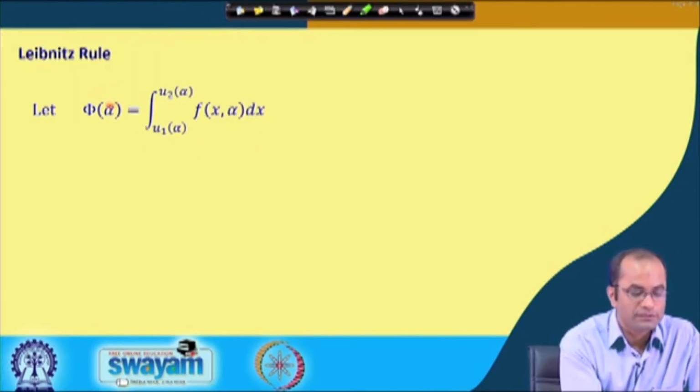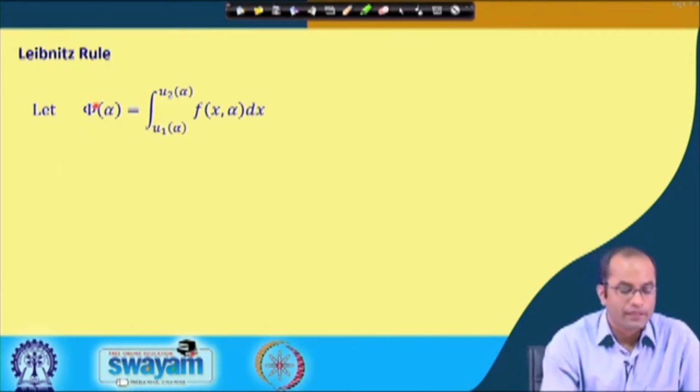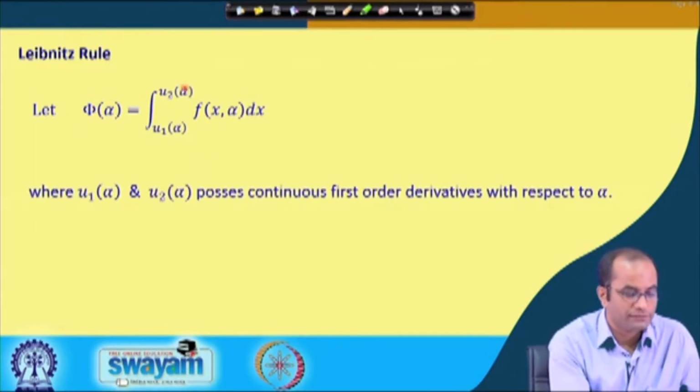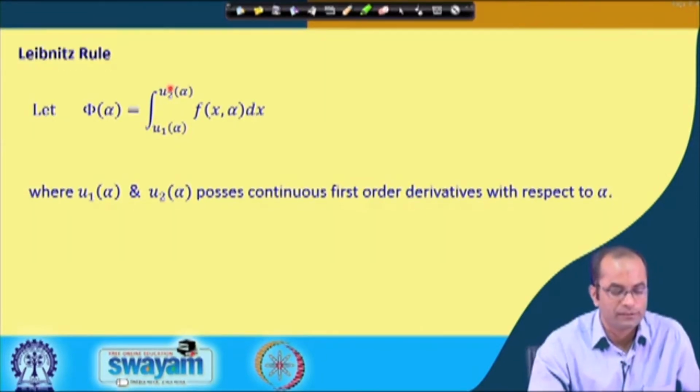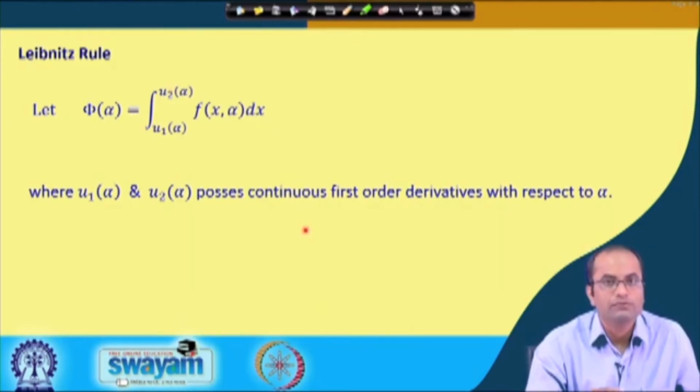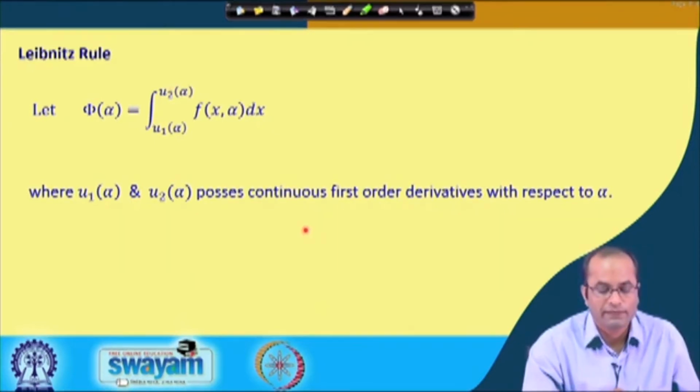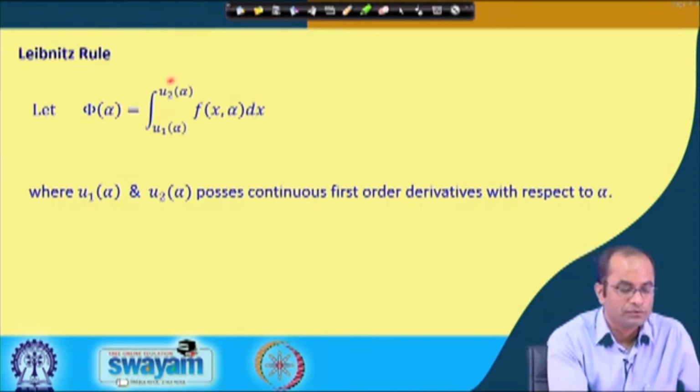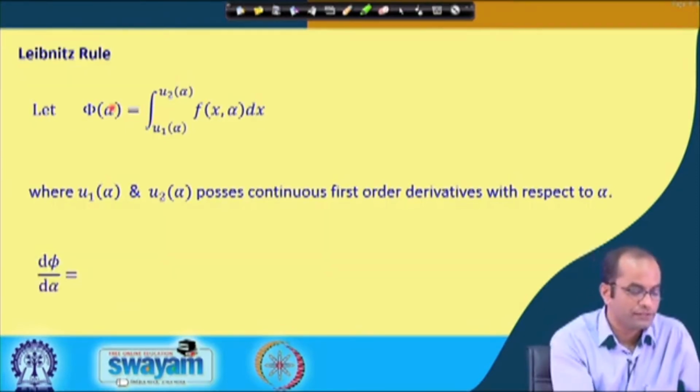So, we assume that this is a function of phi of alpha, and this rule says that if u1(alpha) and u2(alpha), the functions sitting in the limits as functions of alpha, have continuous first order derivatives with respect to alpha, then we can differentiate this phi with respect to alpha.